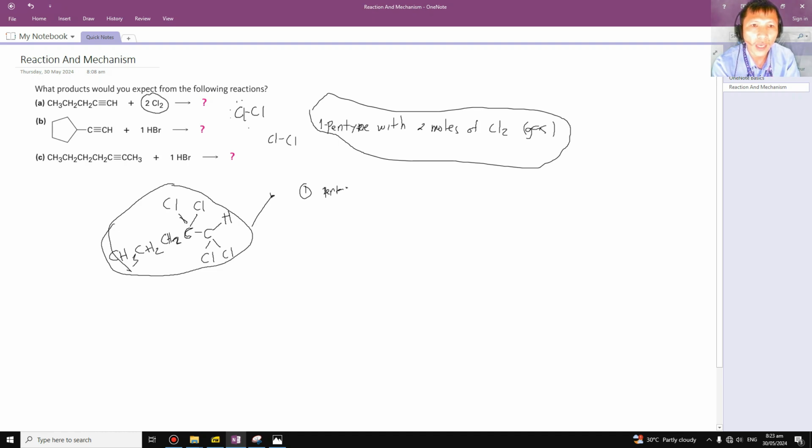Step 2, the numbering would start from here, 1, 2, because your branches are on the right side. Step 3, that would be dichloro on both sides. That is 1, 1 and 2, 2. So that is 1, 1, 2, 2 tetra because there are 4 chloro.